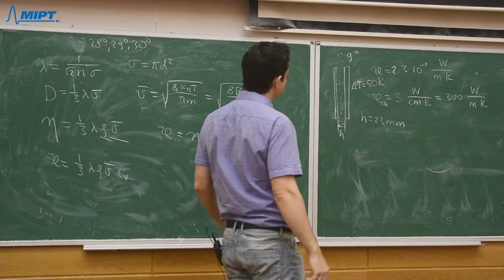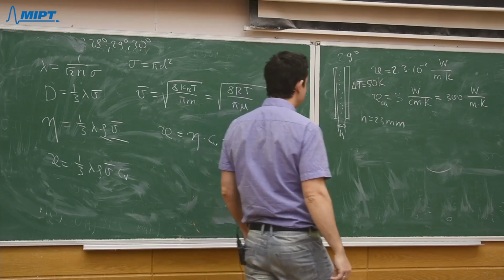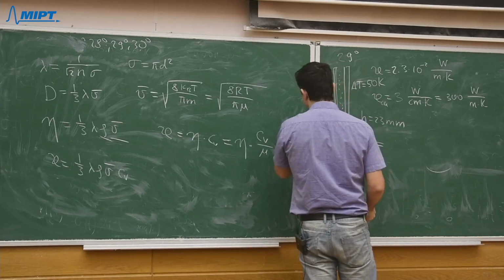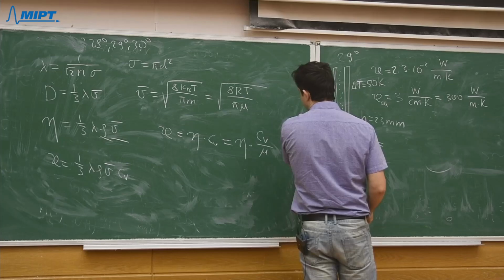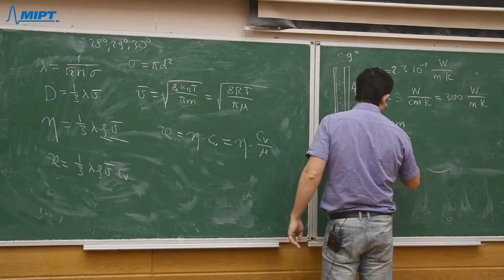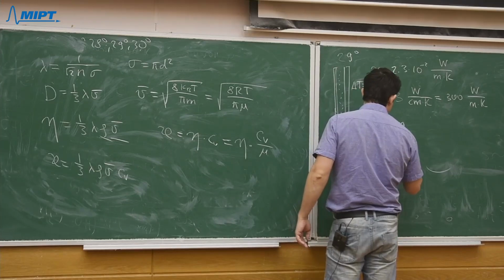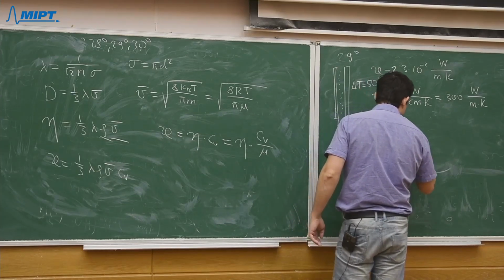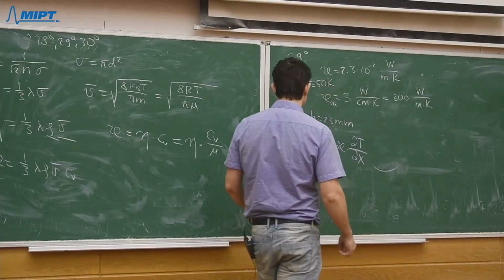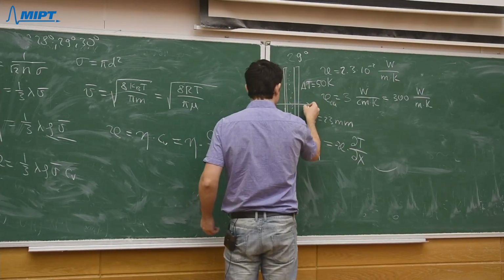So in order to determine the heat flow, as we know, we need to calculate the following. The Q, so the amount of heat per unit of time per unit of cross-sectional area is equal to kappa times minus the derivative of temperature over the coordinates. So let's say we have x-axis here.